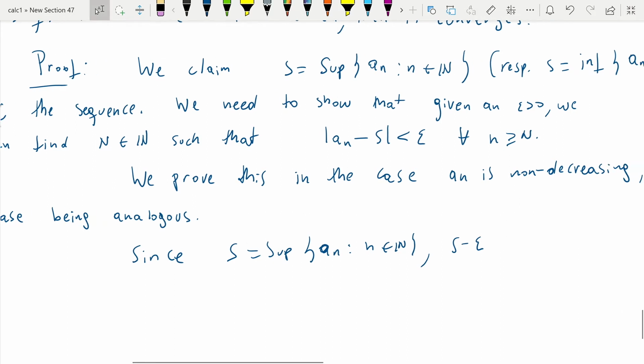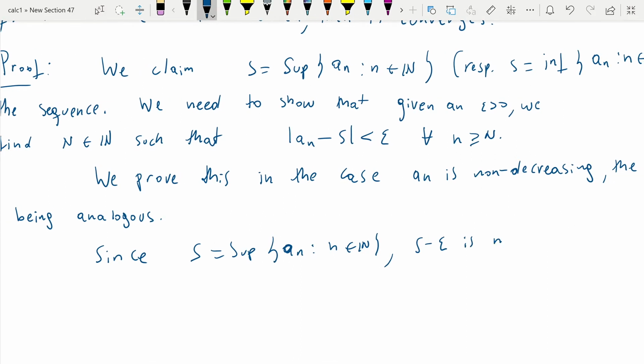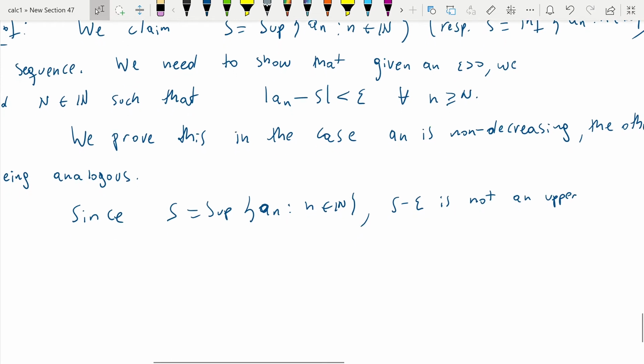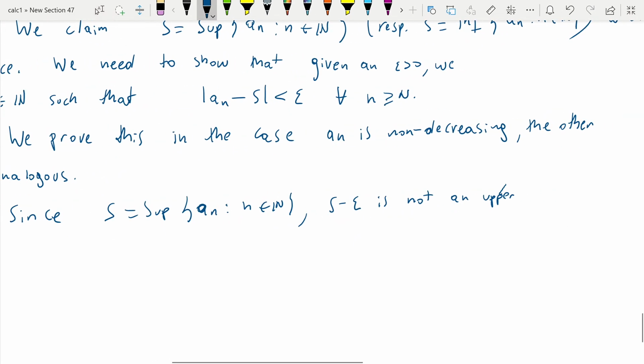S minus epsilon is not an upper bound. If it were, remember that then S would not be the least upper bound. So it's not an upper bound for the set. This is one of the characterizations, the useful characterization, that we gave for the supremum a while back.